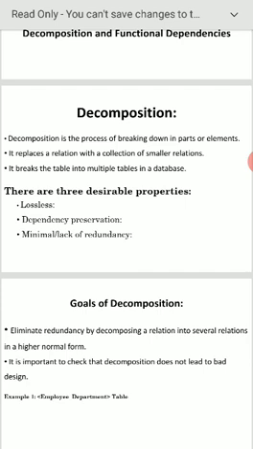While you are doing decomposition, you have to concentrate on all these properties. There must be lossless, there must be dependency preservation, there must be minimal or lack of redundancy. When you follow all these properties, then decomposition will be a success. Otherwise, it will not be a success.